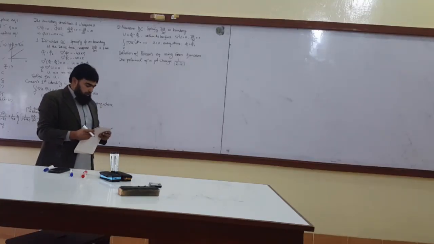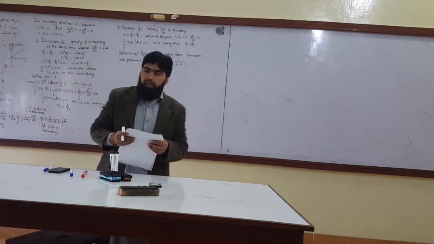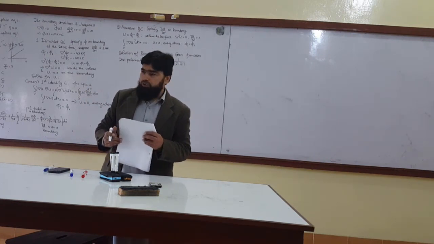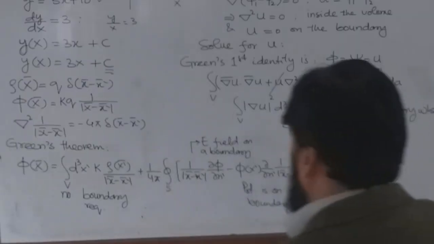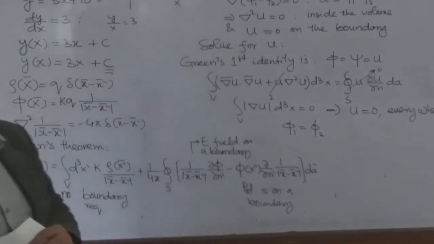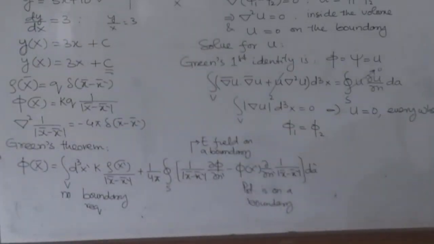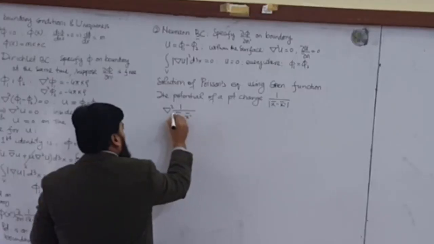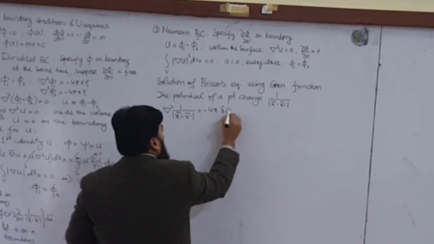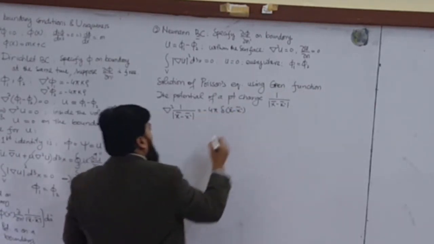So this is rather a special function, and it requires no boundaries because it only requires the charge distribution. We have written here that this only requires a charge distribution, and this thing is related to a delta function. I can write that del square of 1 over mod x minus x prime is equal to minus 4 pi delta of x minus x prime.